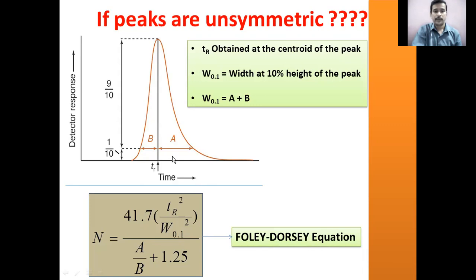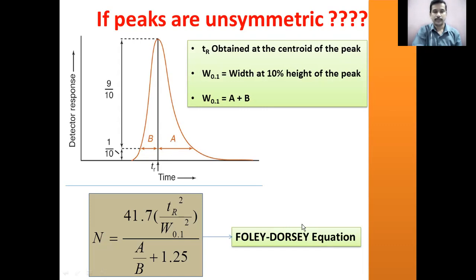W0.1 can also be obtained as B plus A, or A plus B. W0.1 is the summation of A and B. Instead of B, you can write A here and you can write B here; anything is okay. So for symmetric peaks, the number of theoretical plates will be calculated by using the expression N is equal to 16 TR square by W square, or 5.54 into TR square divided by W half square.